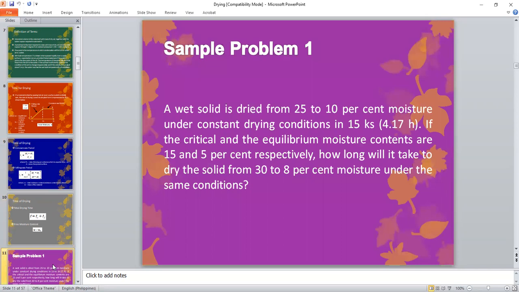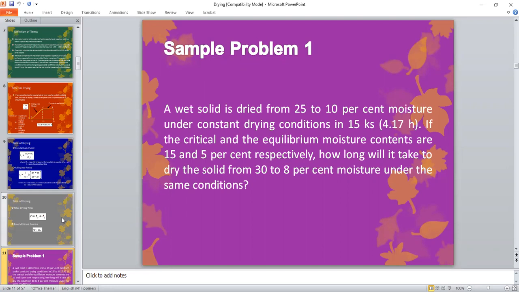Okay, so for sample problem number 1, you're given a wet solid which is to be dried from 25 to 10% moisture under constant drying condition in 15 kiloseconds, equivalent to 4.17 hours. If the critical and the equilibrium moisture contents are 15 and 5% respectively, how long will it take to dry the solid from 30 to 8% moisture under the same condition?